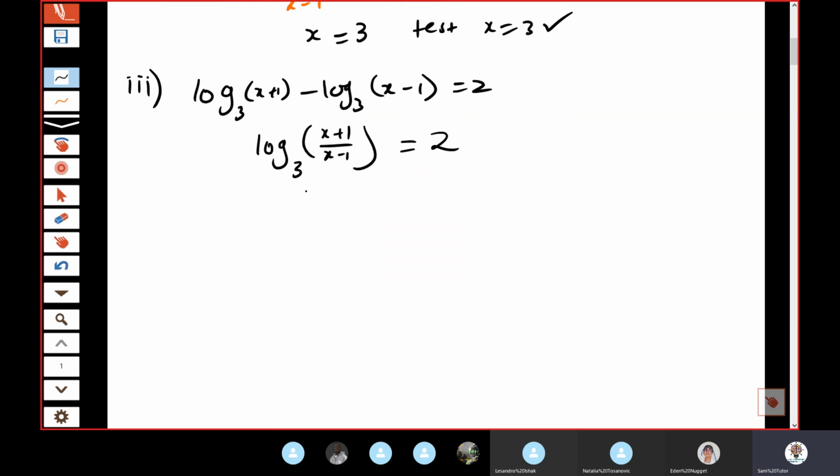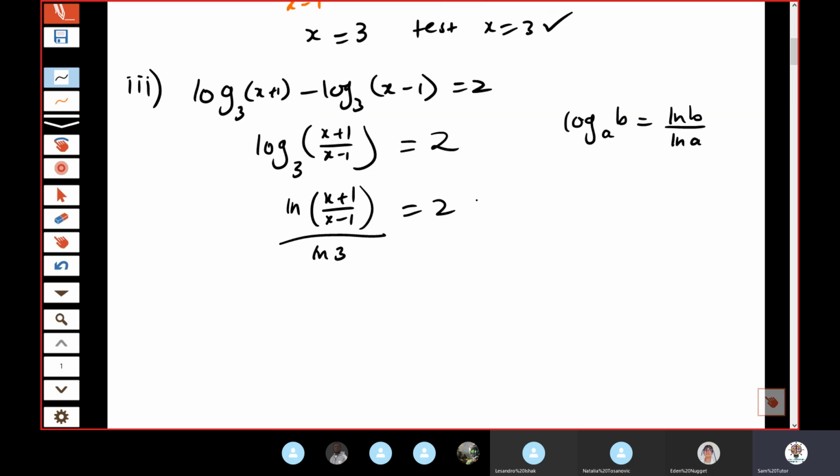Because of that subbase of 3, which is really annoying, we know there's a formula that goes log b subbase a becomes ln b on ln a. So this becomes ln x plus 1 on x minus 1 on ln 3, which equals 2.